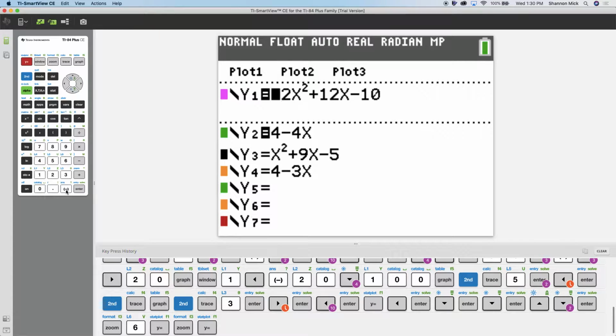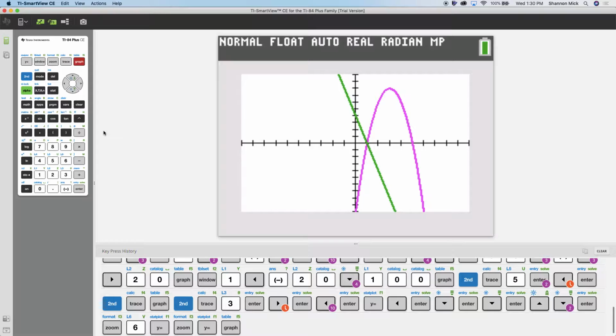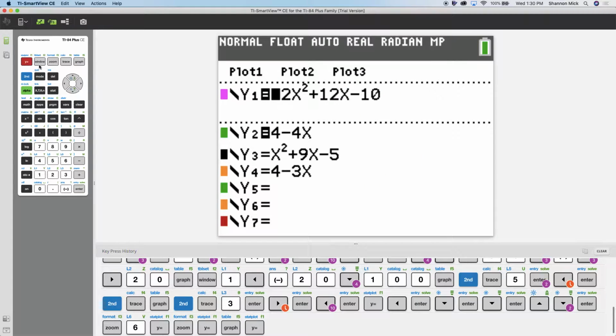Not in your calculator. Okay. There we go. So you didn't square it. If you don't put it in right, you're not going to get the right answer. If it doesn't look exactly like what's on your paper, it's not right.